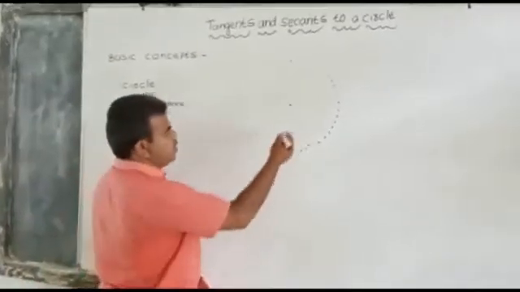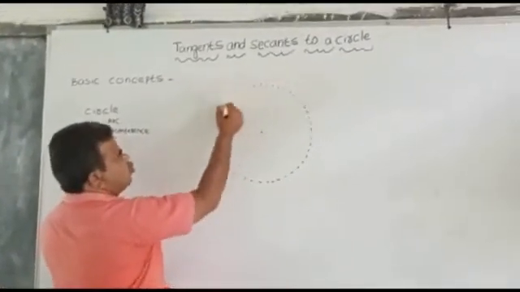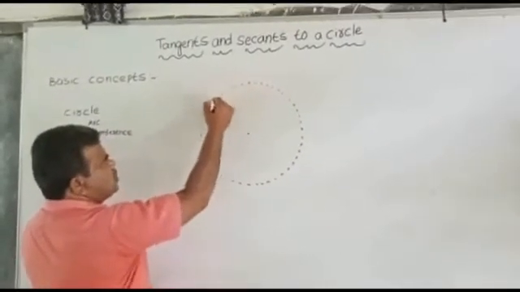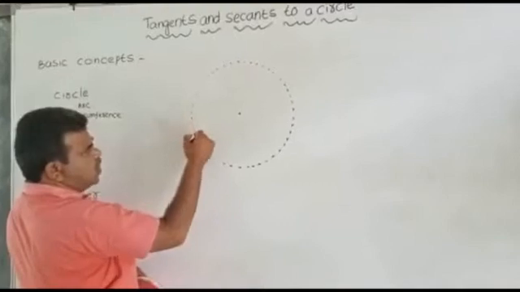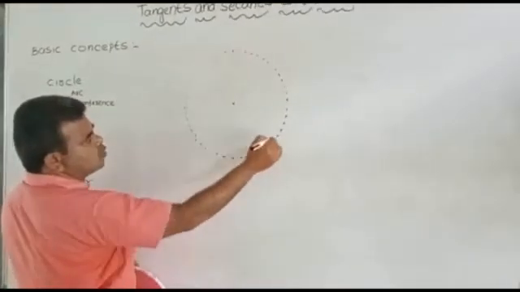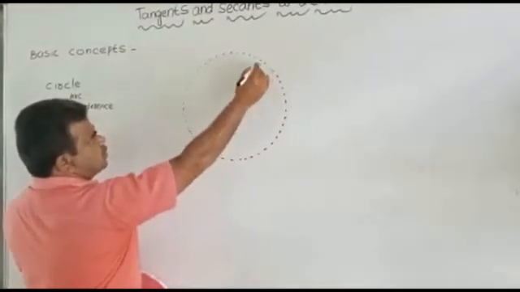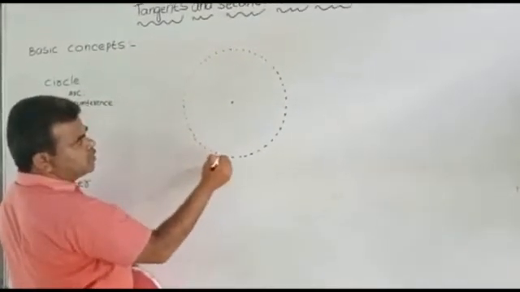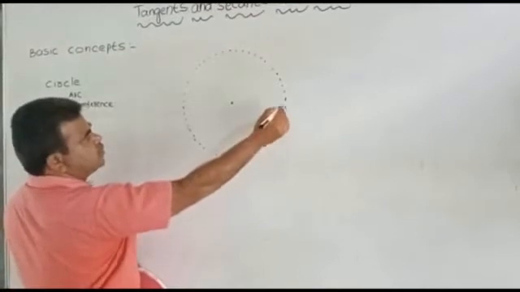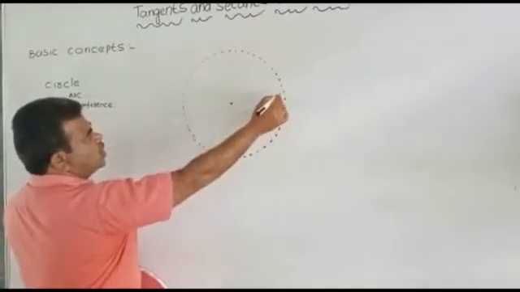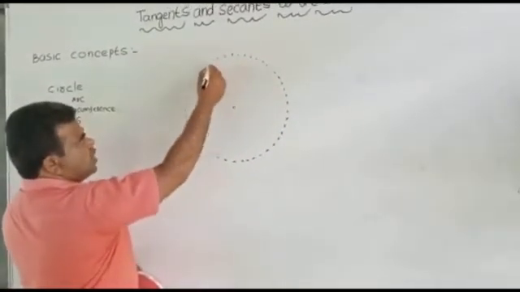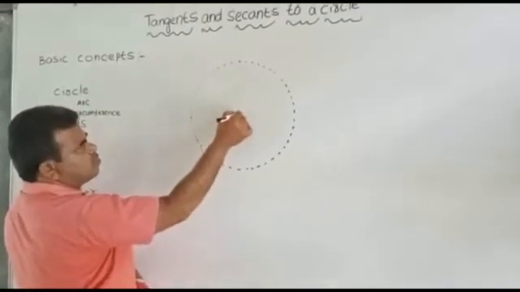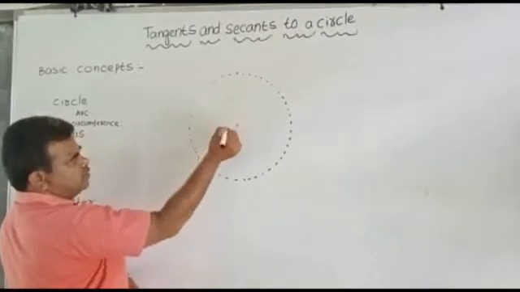A circle is a closed figure which is a collection of all those points on a plane. These points are at a constant distance from a fixed point.